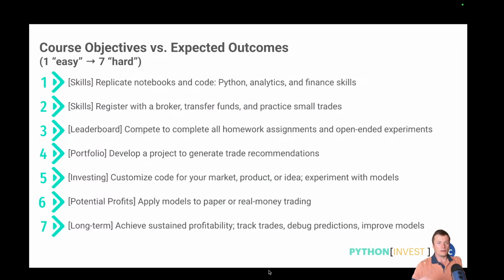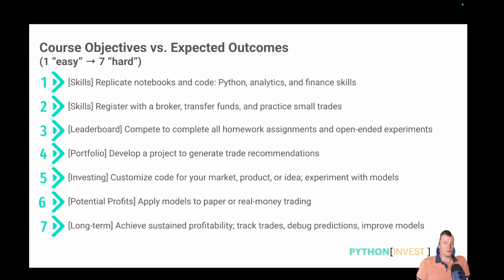Now we talk about course objectives versus expected outcomes. I treat them as 7 levels of complexity. If you start from level 1, the easiest level, you get some skills. You can replicate notebooks, you can run code, so it's Python, analytics, and finance skills.